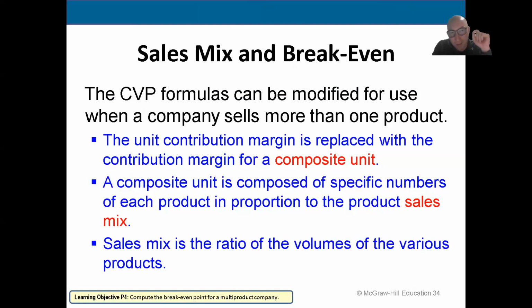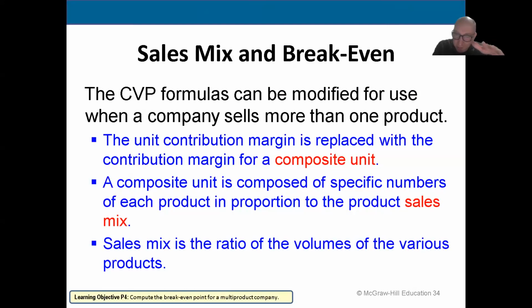Okay? In order to find the cost, volume, profit, or the contribution margin, we take what's called a composite unit. Think of a composite unit as being the contribution margin for the sales mix.